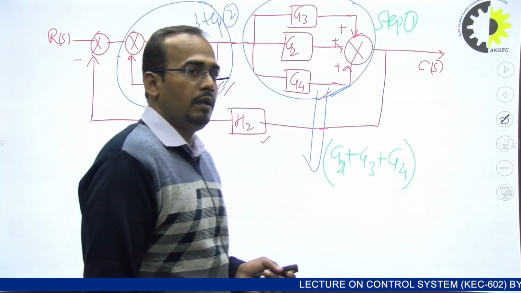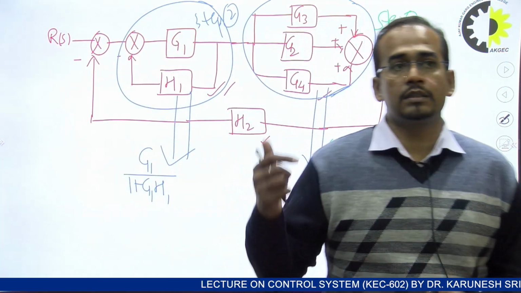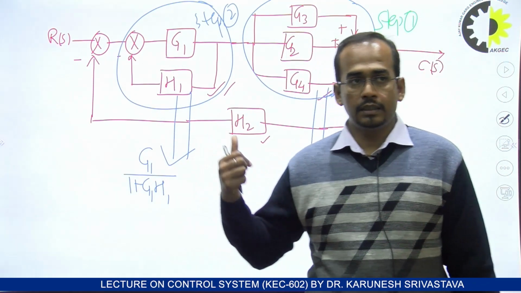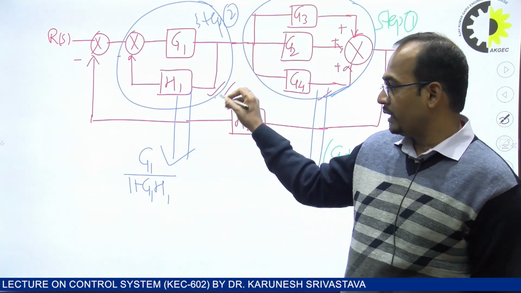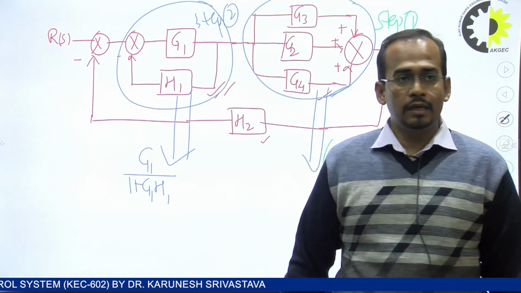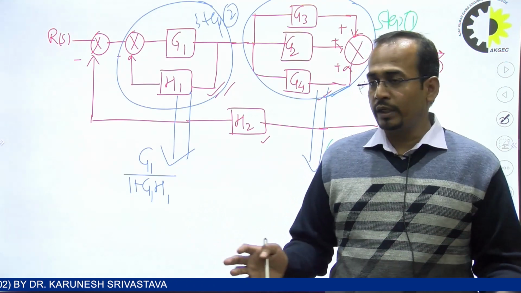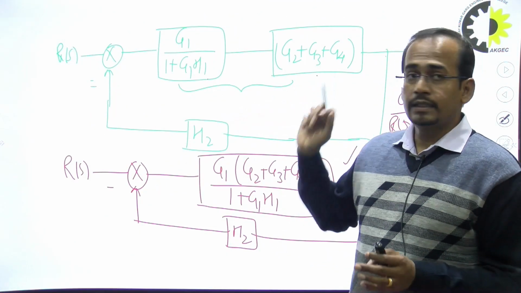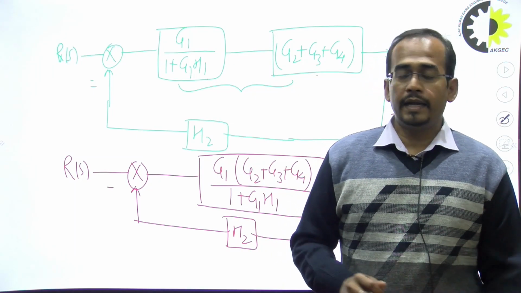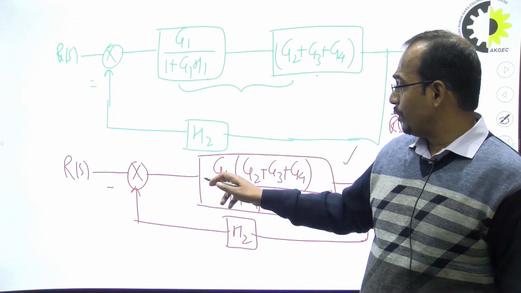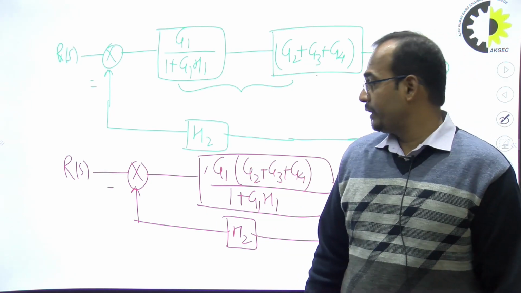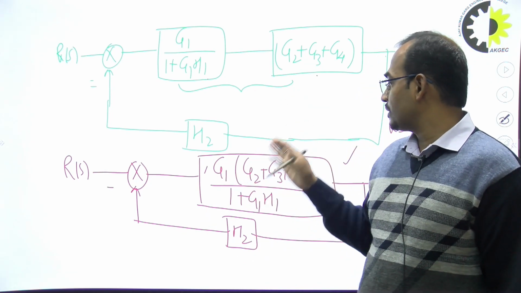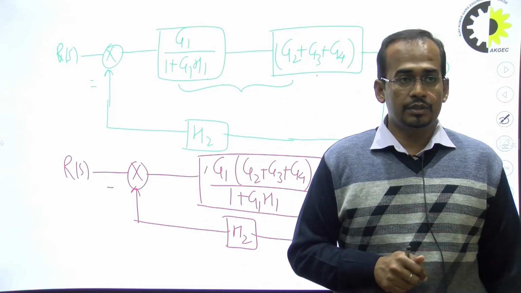First I simplified this parallel connection. After that I simplified this standard canonical form. After doing this, these two blocks are connected in series, and after modifying this we get G1 times G2 plus G3 plus G4 upon 1 plus G1 H1.